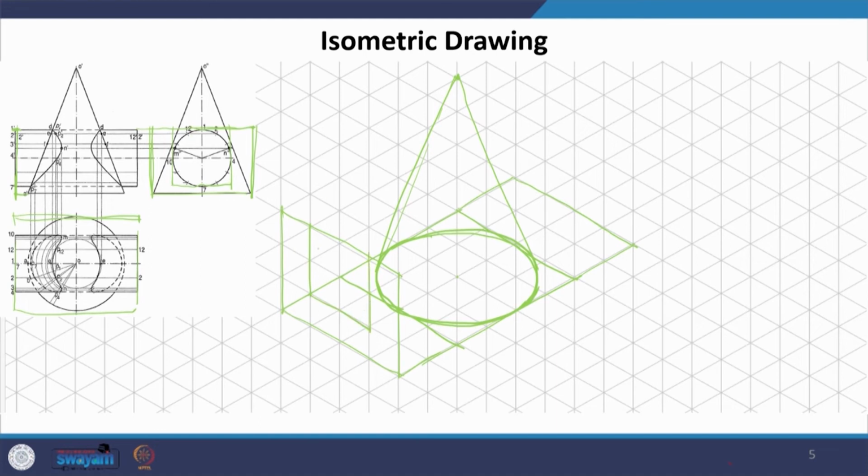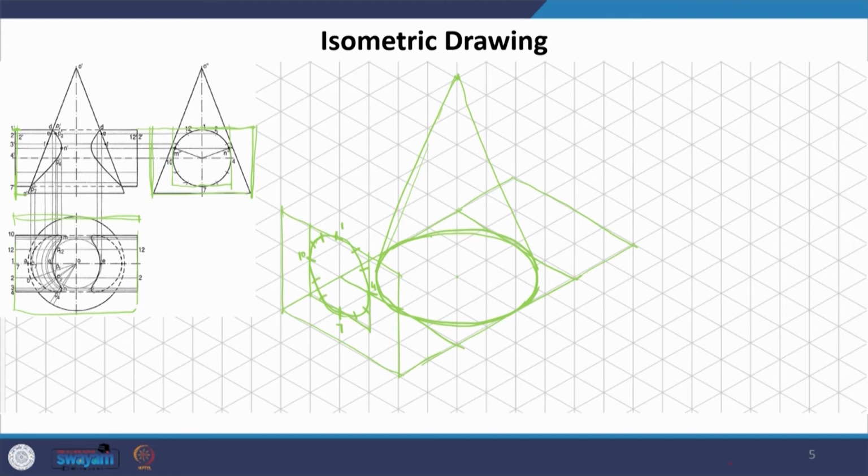So, we have identified where the circle is coming, and we draw this circle, and we have the reference. So, we have 1, 4, 7 and 10, and in between we have the other points also. This is how we have got it.